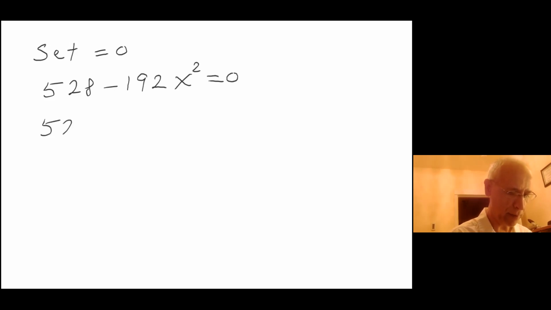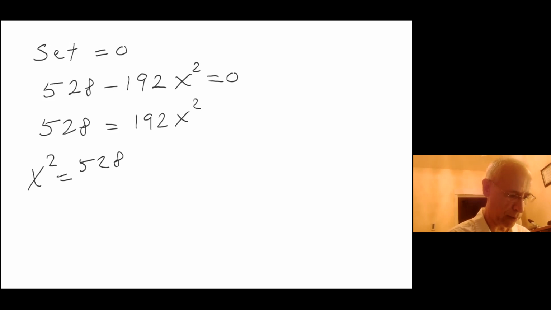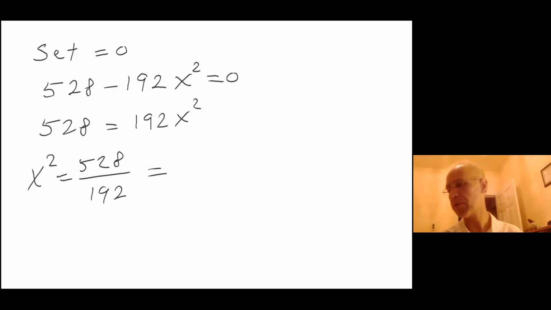This means 528 equals 192 x squared. This means x squared equals 528 over 192. And that simplifies to, let me just double check my work very quickly. Yeah, it simplifies to 11 over 4.